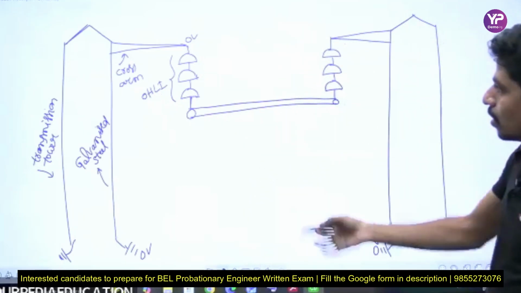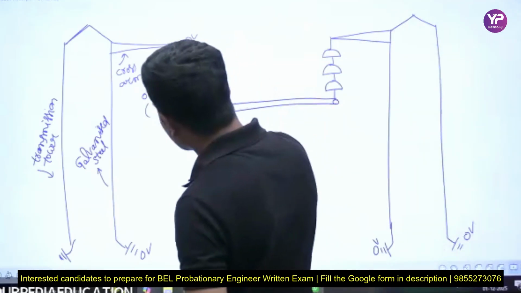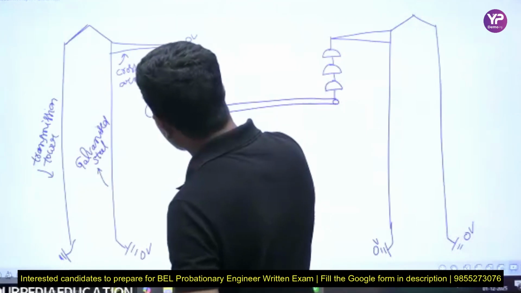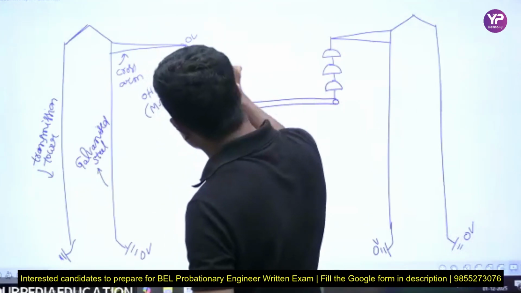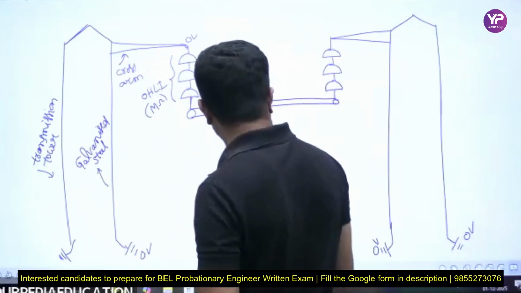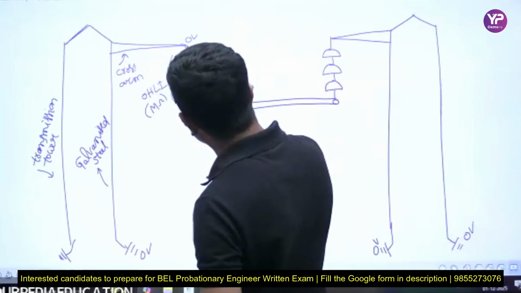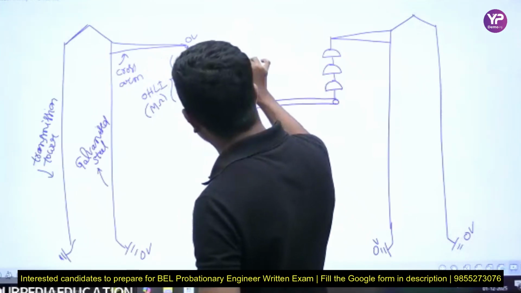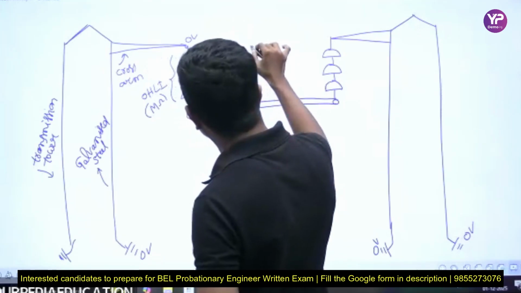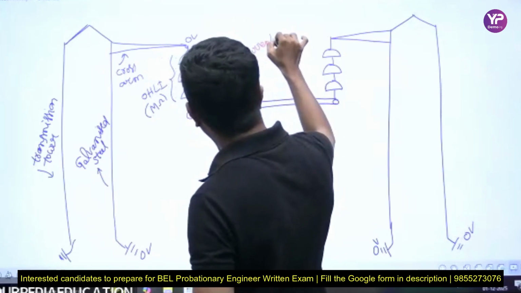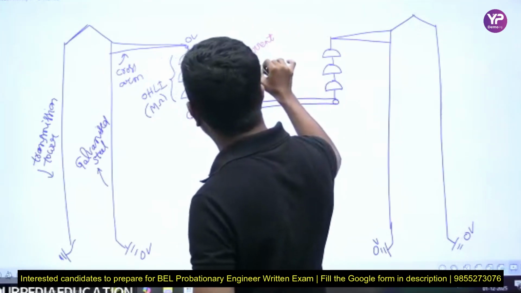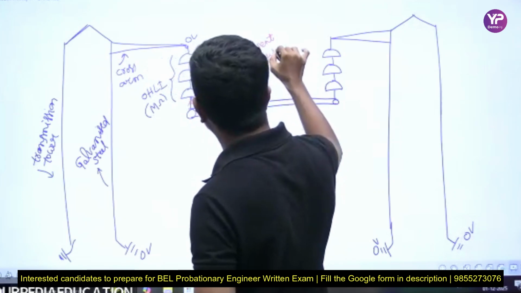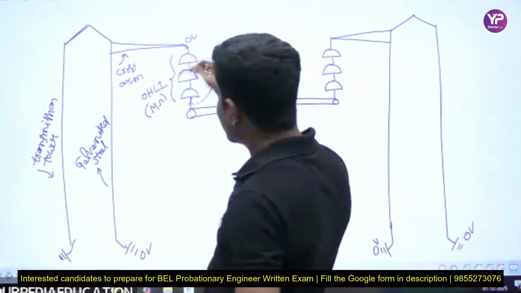Why? This overhead line insulation resistance will be in terms of mega ohms. This is 0 volt, this is mega ohms. A small amount of current will be flowing through this. That is called leakage current, and it will be in terms of milliamperes or microamperes, because insulation resistance is very high.